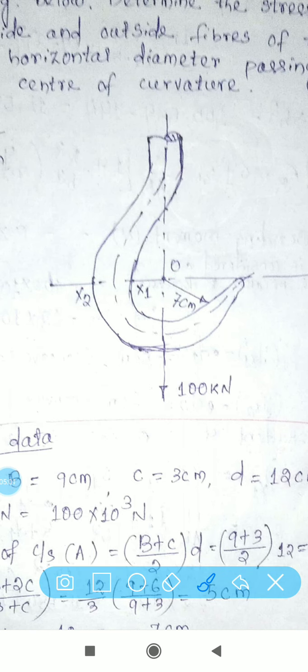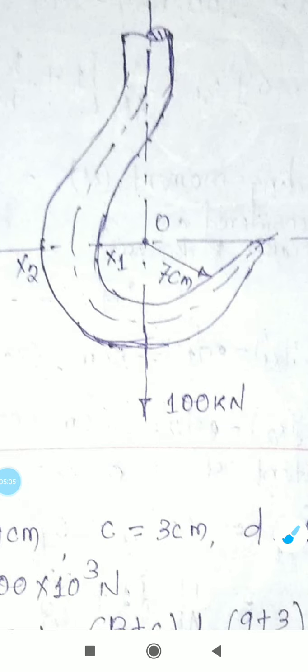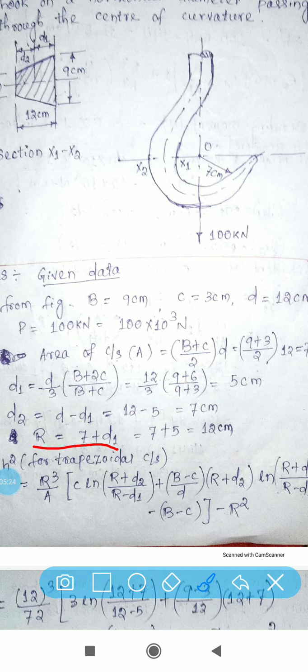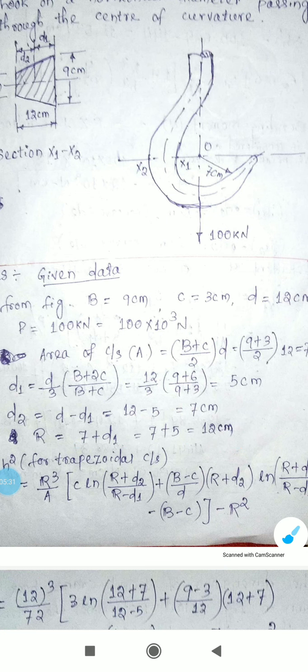This distance is 7, plus you add this distance, which is D1. So R is equal to 7 plus D1. So 7 plus 5 is equal to 12 centimeter. This is your radius of curvature.